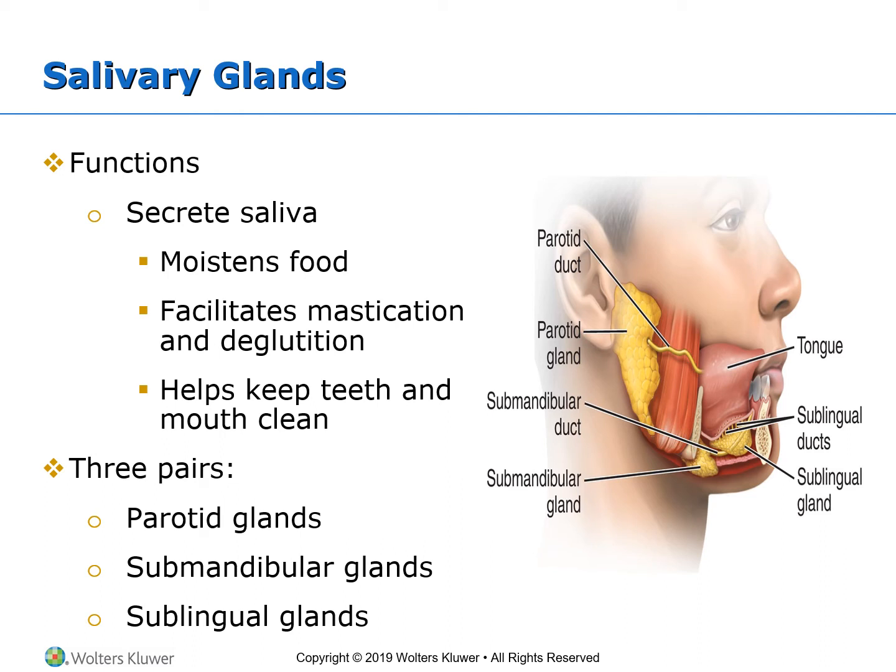In addition to that, saliva is essential to keep the teeth and the mouth clean. Saliva has some antibodies and an enzyme called lysozyme. If you want to remember that, Lysol kills bacteria, so it's an enzyme that will reduce the bacterial growth in our mouth.